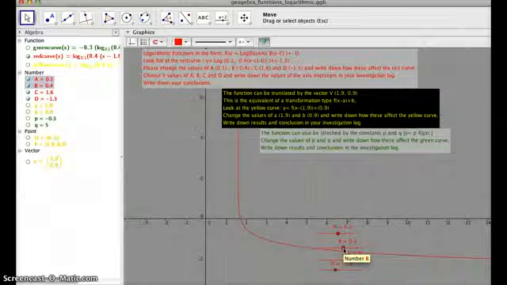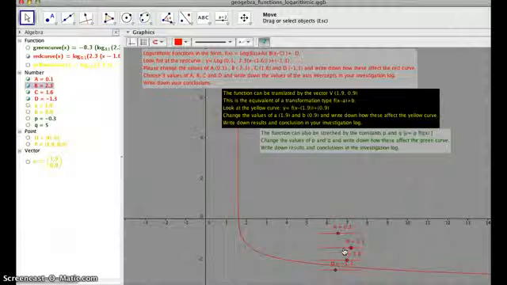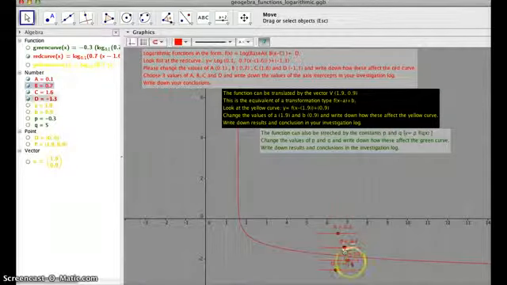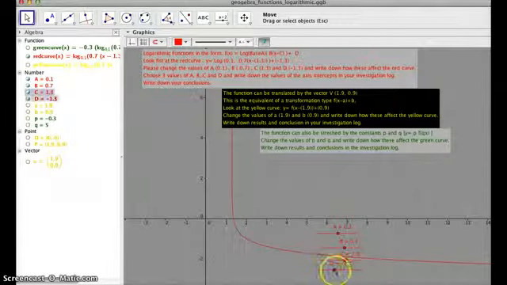Now b, we can see here that it is multiplying the x minus c factor. c is going to be easy because all that we're doing is moving horizontally, and same for d, but vertically.